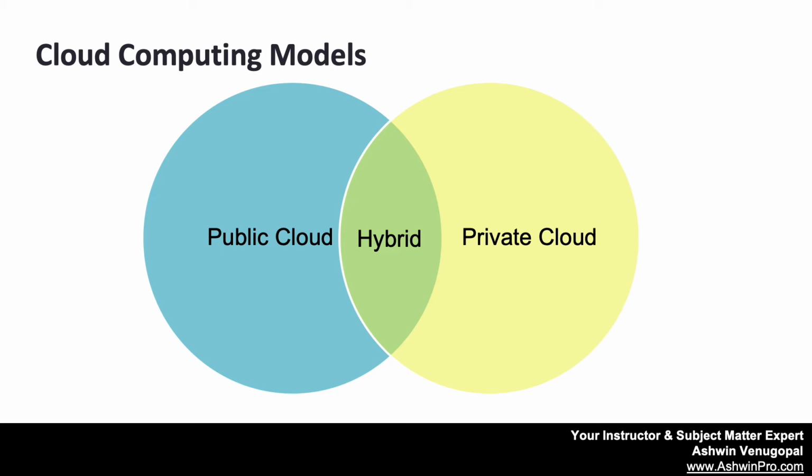Now, when you talk about private cloud, it's basically the same characteristics, but it is operated solely for a single organization. So you might have a higher cost involved because you have to take care of the infrastructure and everything, and it is only used by a single organization.